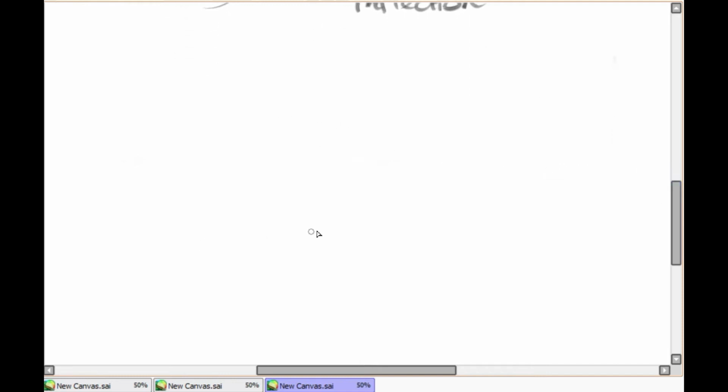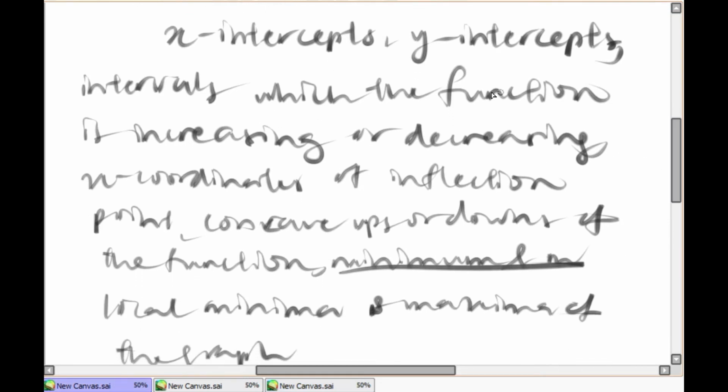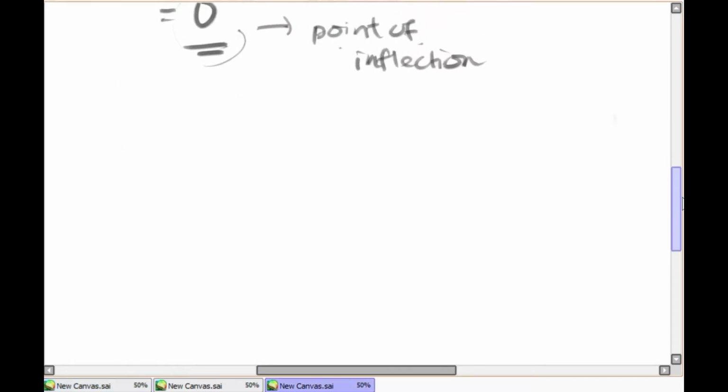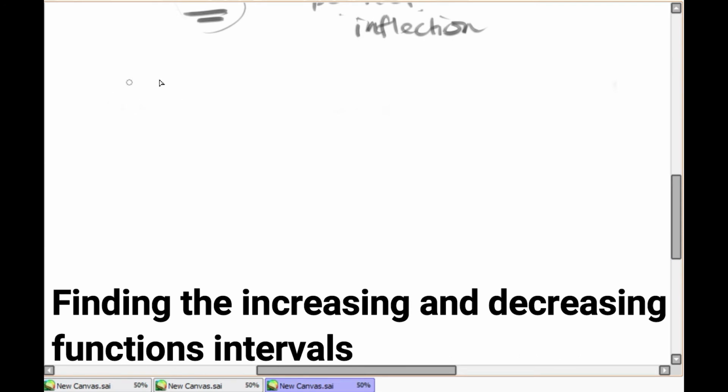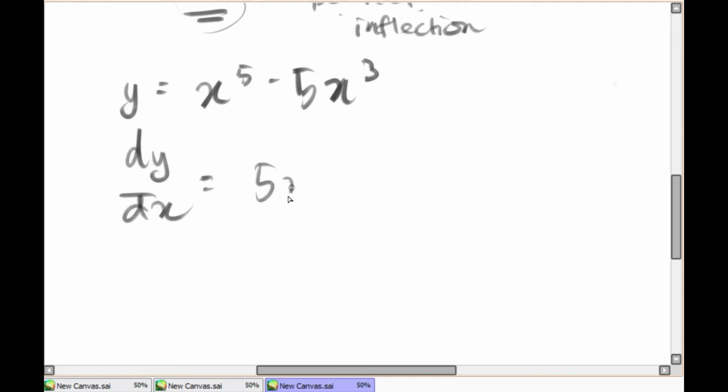Now we're going on to the next section of this question, which is finding where the function is increasing and decreasing. In finding this, we've got to differentiate the function we've been given. So differentiating gives 5x to the 4 minus 15x squared.